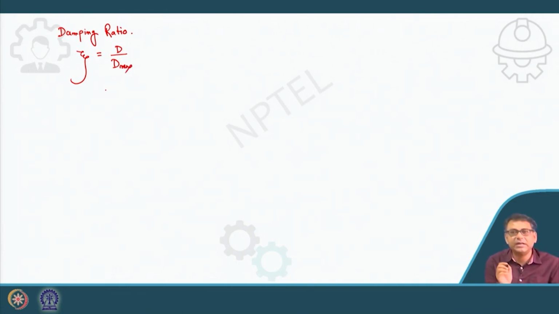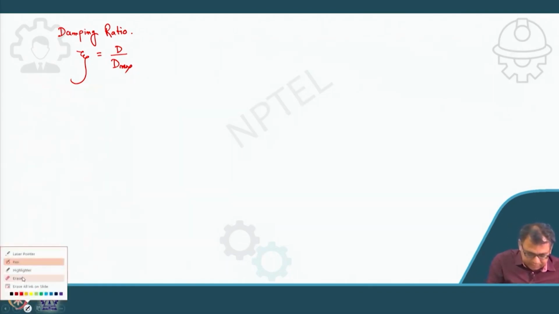D is the damping ratio at any strain level, D max is the maximum damping. Sorry, this is D by D max only.